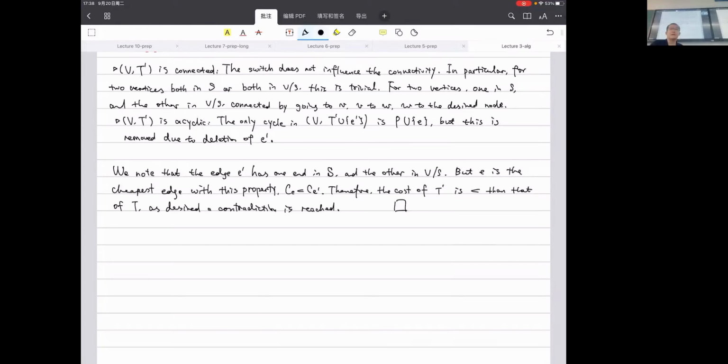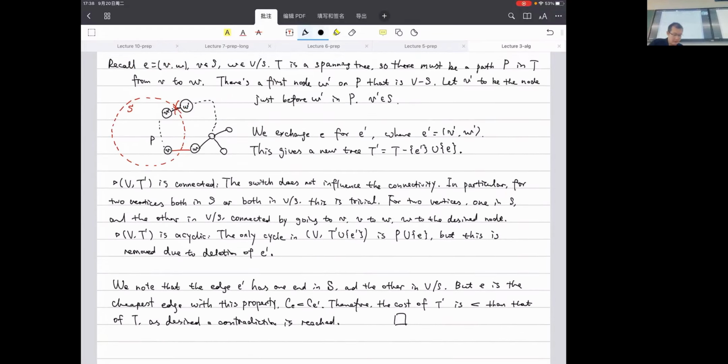So any questions? Using such an argument, you can see that this is typically the intuition of how greedy works. When you want to design a greedy algorithm for a specific problem, it must be the case that the solution must have this kind of minimal choice according to some rule. Specifically, this lemma shows a very important thing: for arbitrary S and V over S, because we talk about a minimum spanning tree, it always has the connectivity.